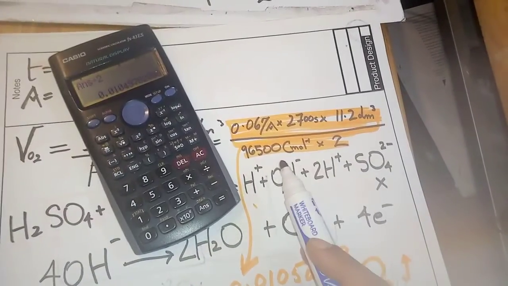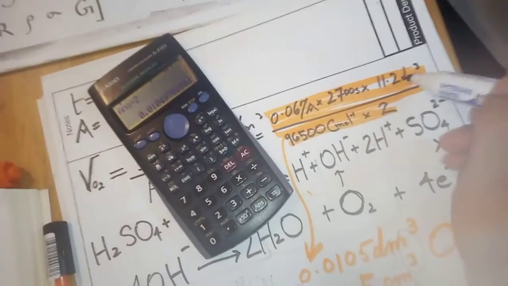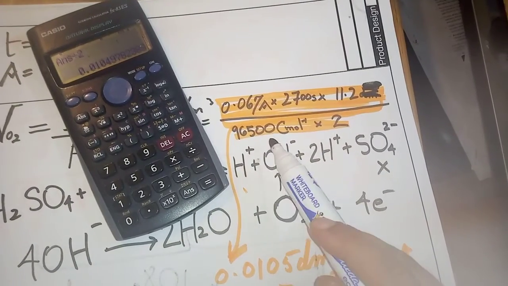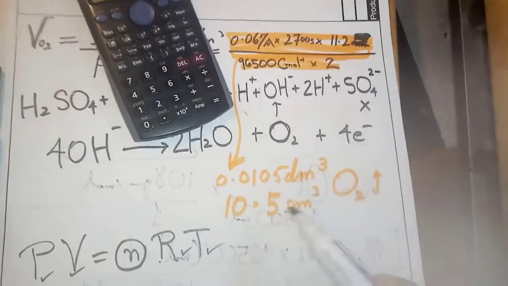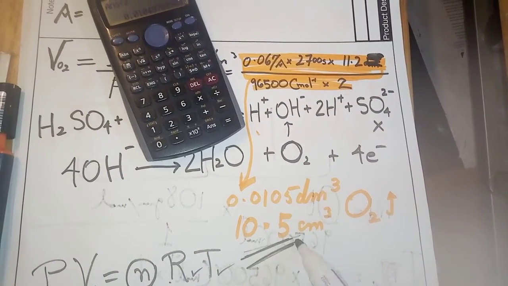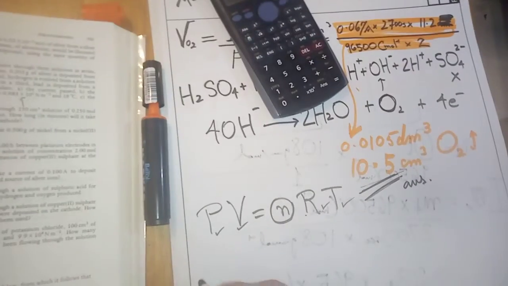So 0.0678 times 2700 seconds times 11.2. That's not dm cubed, I apologize. That's just 11.2. My oxidation number. So that comes out to be the answer.